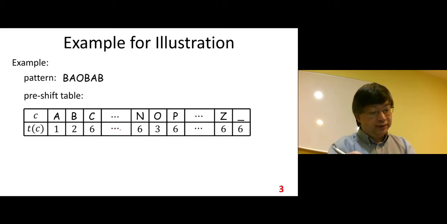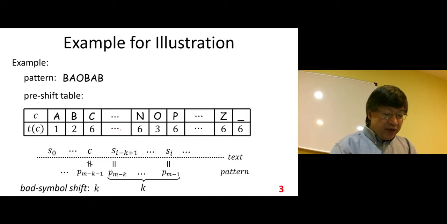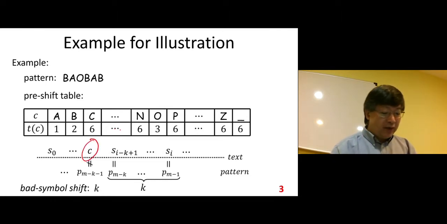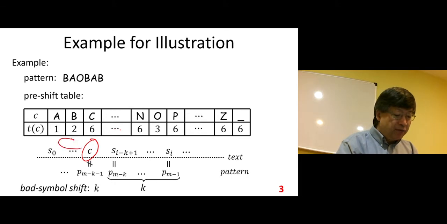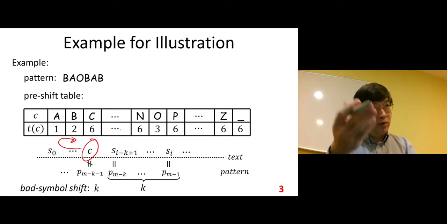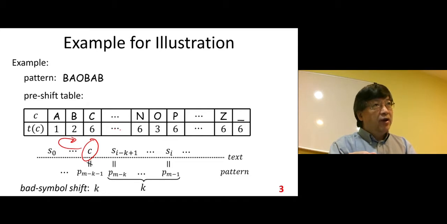Then we have that situation. When we compare and see the C, we check the table, and the table returns a number to us. Then using that number, we can define a distance.